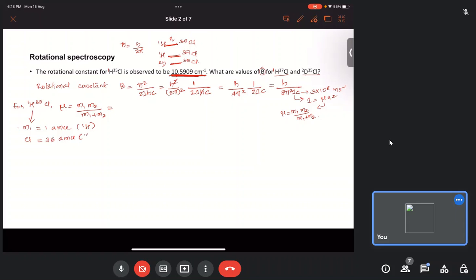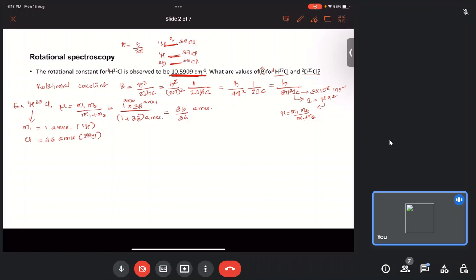So it's going to be 1 into 35 divided by 1 plus 35 AMU. So this is 35 divided by 36 AMU.